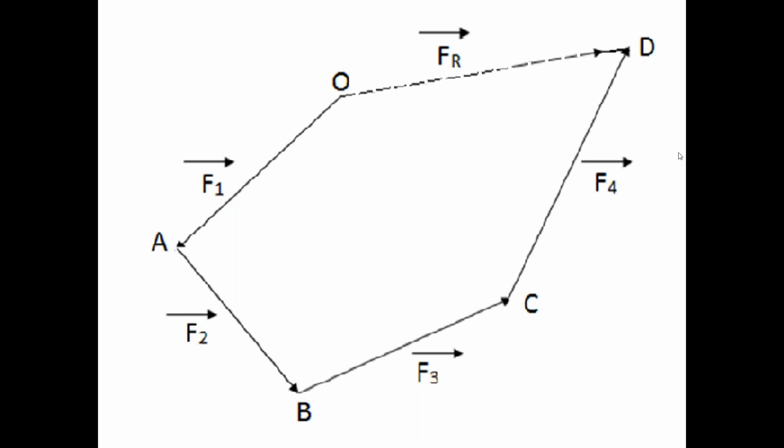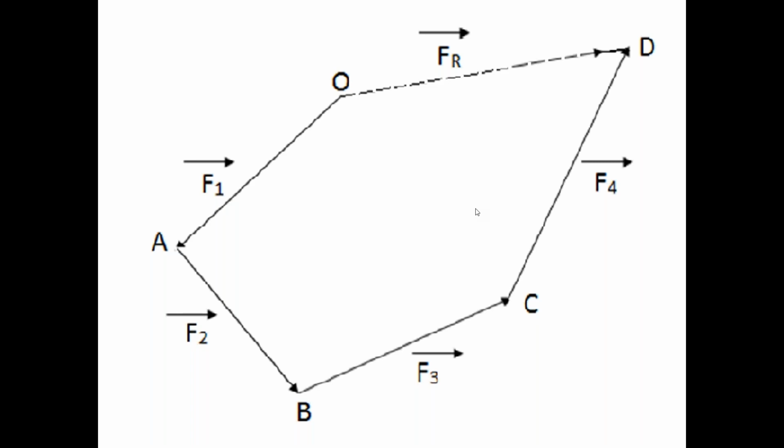Just now I explained the open polygon. This polygon OABCD is an open polygon. In that open polygon, the closing side OD is the resultant force. If this is a closed polygon, point O and point D coincide, then the polygon is closed.